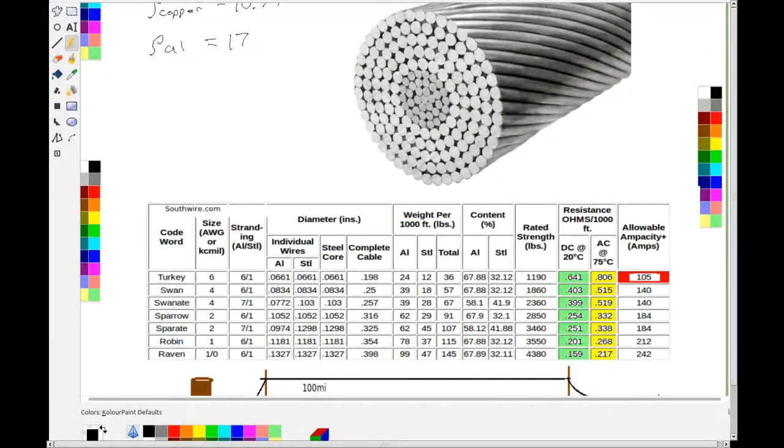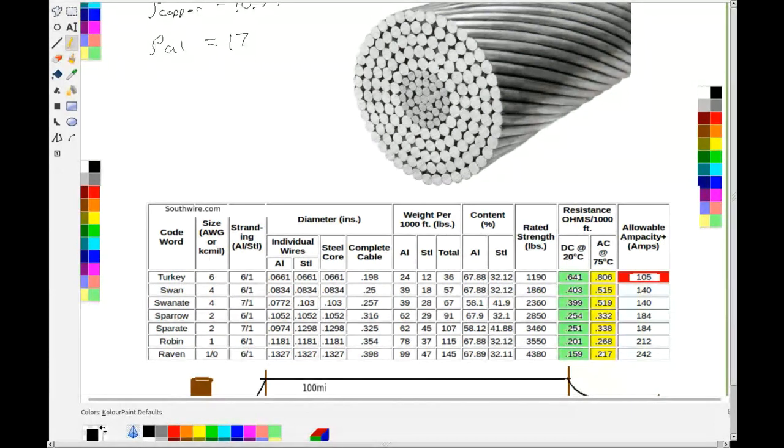There's this thing called skin effect, where with alternating currents, as the current alternates back and forth, it tends to want to move on the outside of the cable rather than through the entire cable.